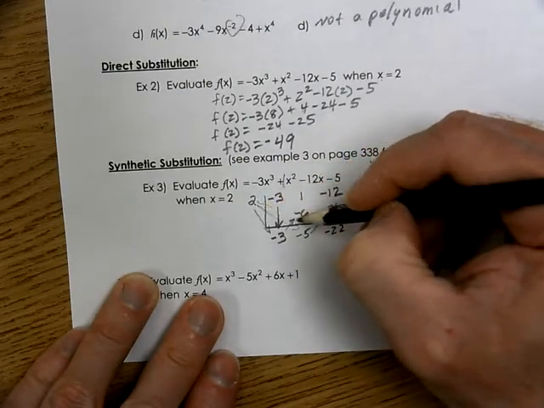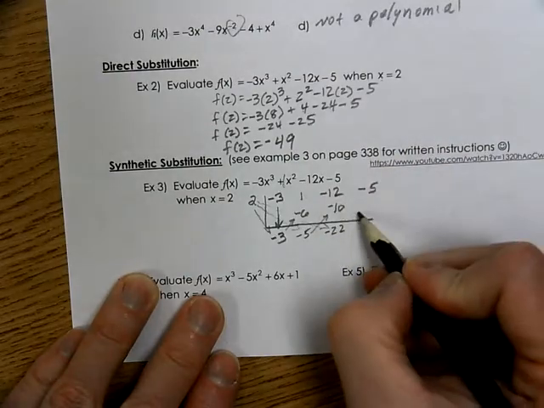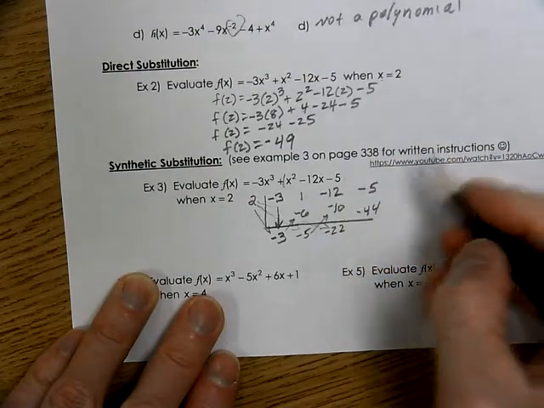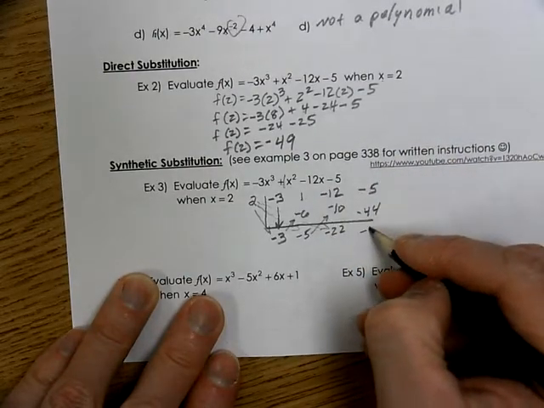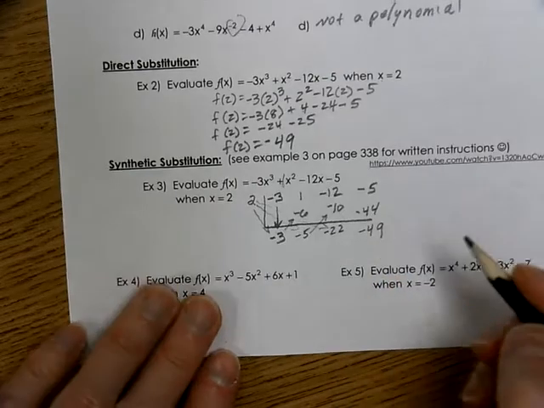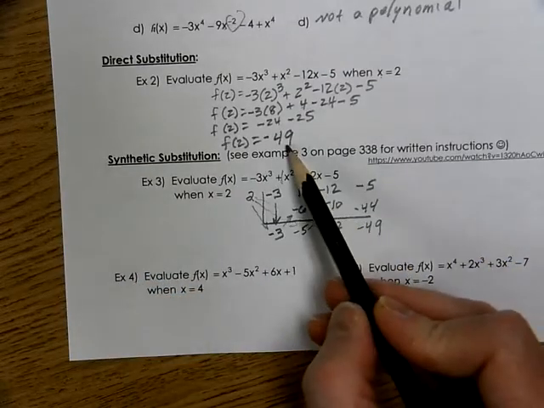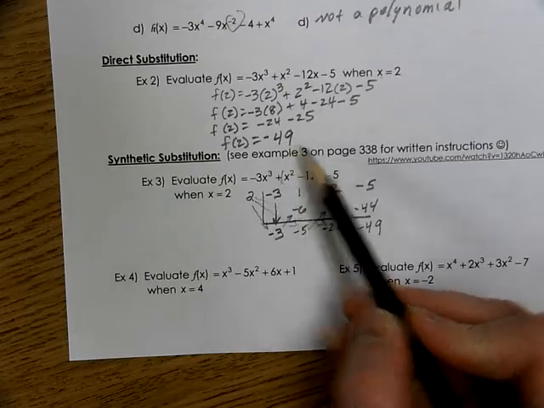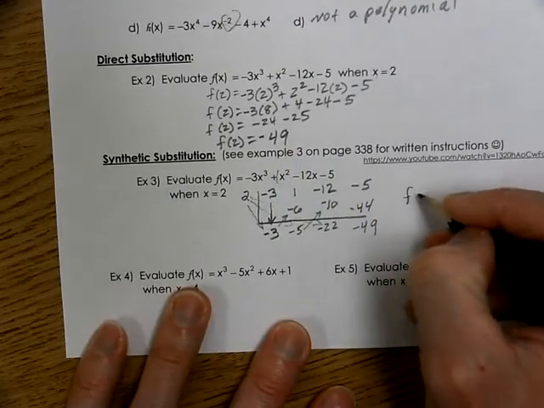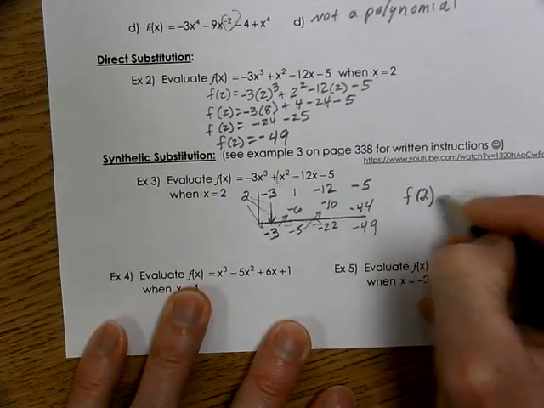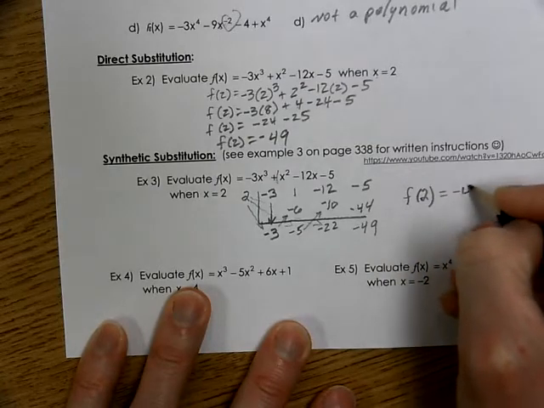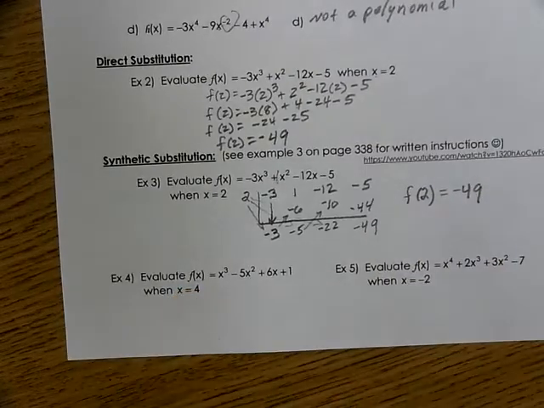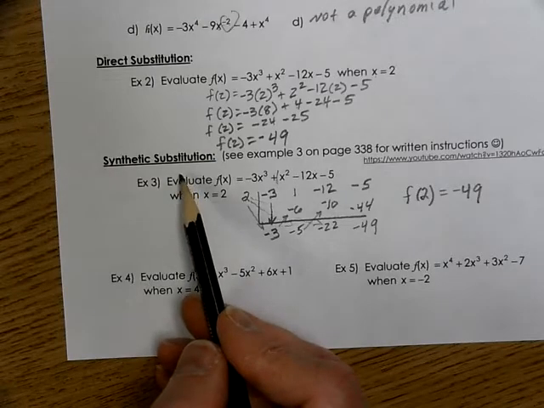Then you multiply, that's negative 44, and then you add, and look what happens. We've got negative 49, the same thing that we calculated here. So f of 2 is going to equal negative 49. So that's kind of a shortcut method for us to substitute in a number. It's called synthetic substitution.